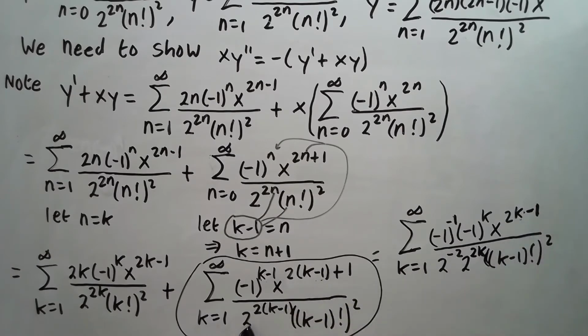And then this will be 2 raised to the 2k times 2 to the minus 2, which I have here. Okay, the minus 1 to the minus 1 power is 1 over minus 1, which is still minus 1. So you can take away this minus 1 and this one here. And this 2 to the minus 2, you can bring to the top and make a 4 up here.